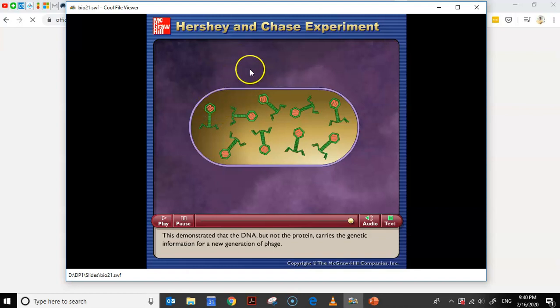But the protein coat, which is outside of the bacteria, cannot go inside. So if you observe a couple of times, then you can figure it out exactly from the beginning. That was the idea: they proved that it is the DNA which goes inside the bacteria and not the protein. Because of the radioisotopes, they figured out where what was inside the bacteria came from.